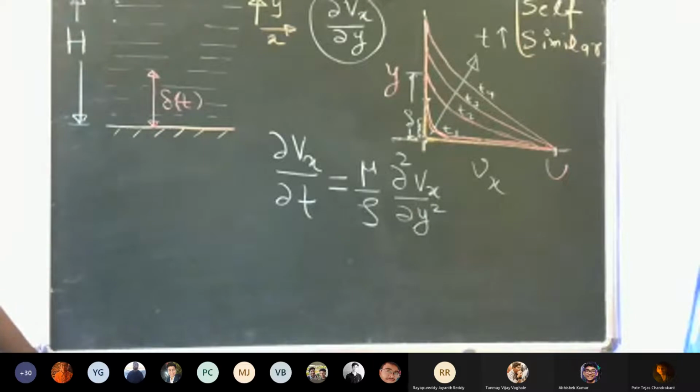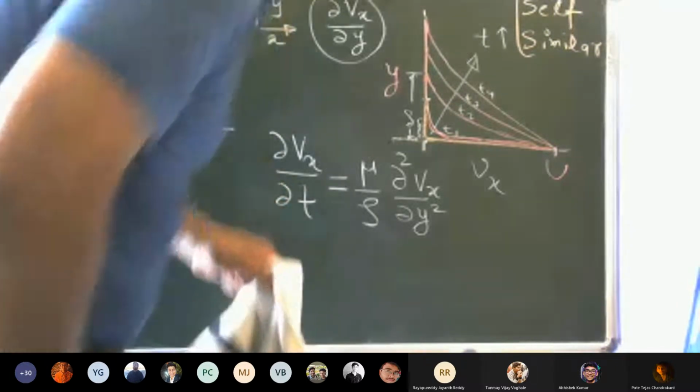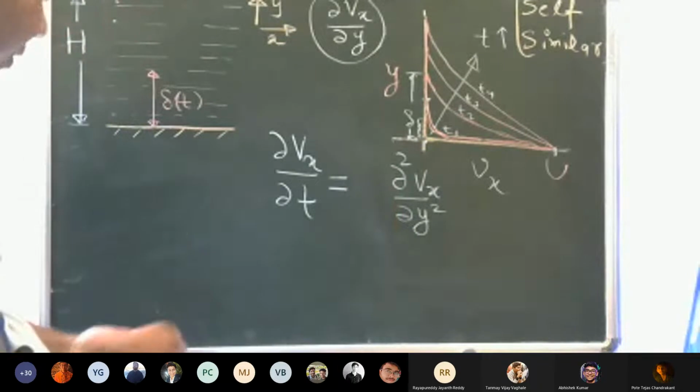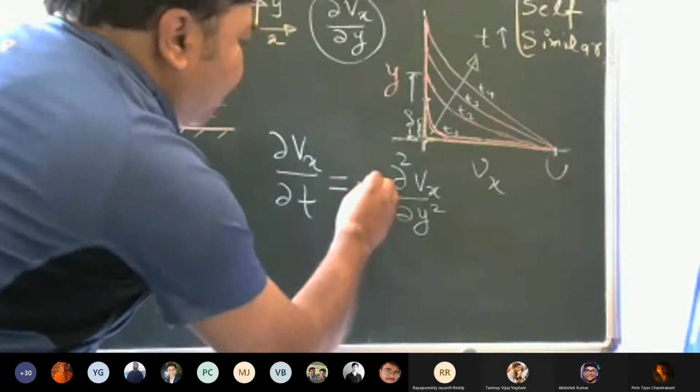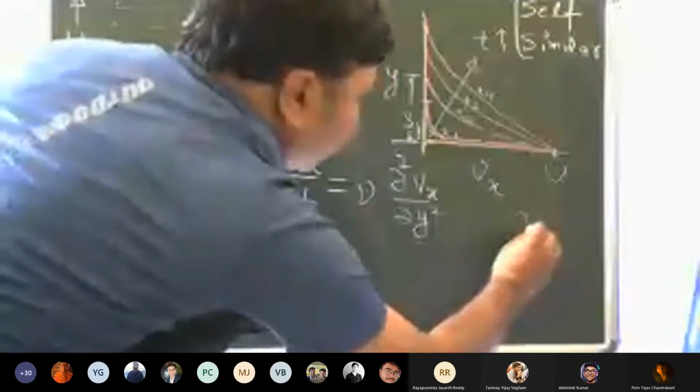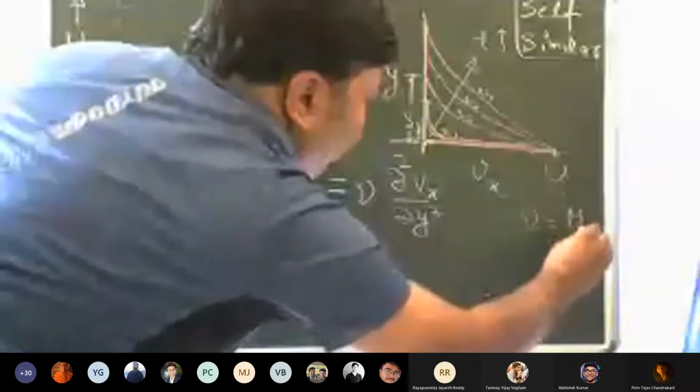That was our governing equation. And from now onwards, mu by rho we will replace by a new term. So mu is the viscosity and rho is the density. So this will be replaced by a new term, nu. Our nu will be mu by rho.